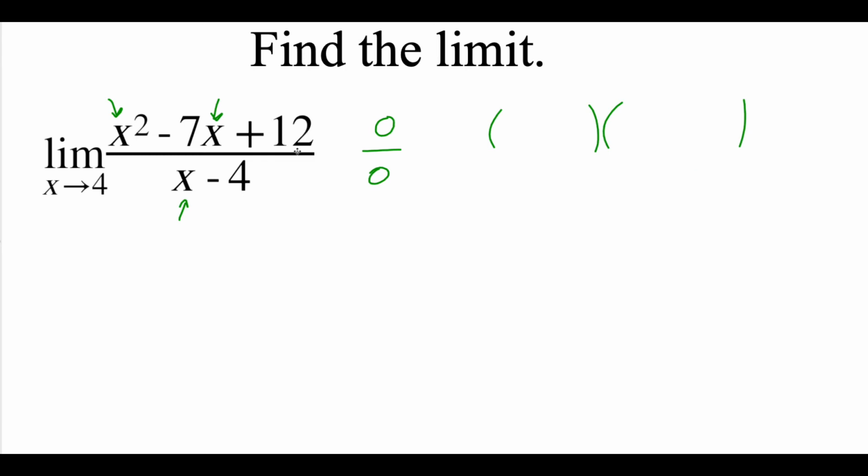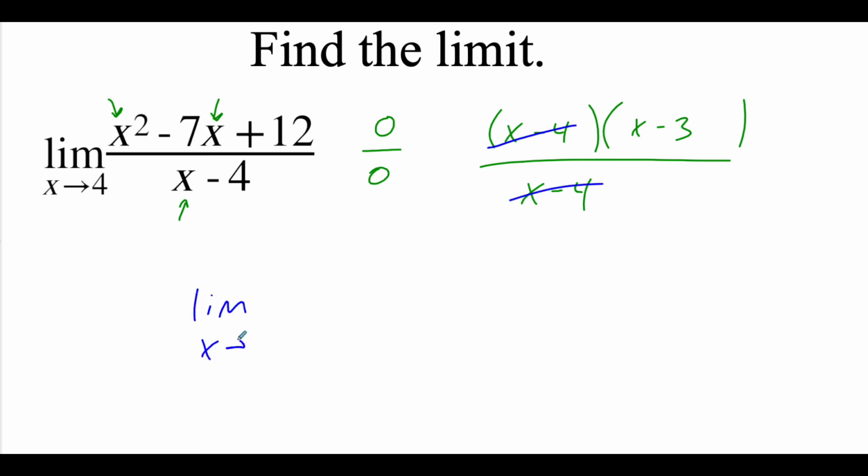Looking at what we've got, multiplying to 12, adding up to -7, that's going to be x minus 4 and x minus 3, and our denominator is still x minus 4. I notice that those x minus 4s are going to cancel out. So now we can do the limit as x approaches 4 of just x minus 3. Then I can direct substitute that 4 in for the x, and the limit ends up equaling 1.